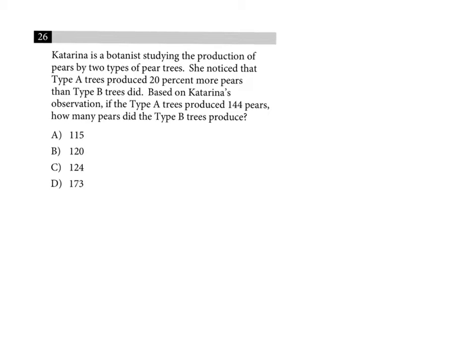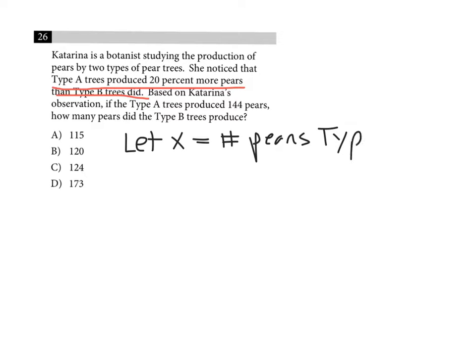Problem 26. Katerina is a botanist studying the production of pears by 2 types of pear trees. She noticed type A trees produce 20% more pears than type B trees. So what I'm going to do is say let x be equal to the number of pears produced by type B. And now here's the tough part. 20% more.